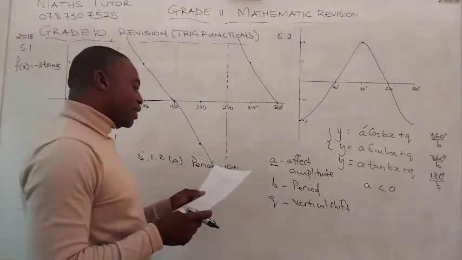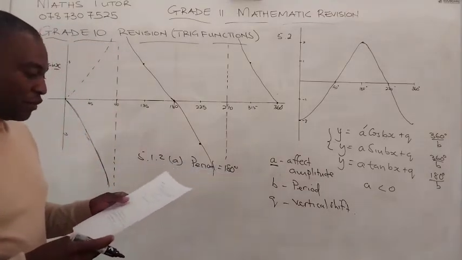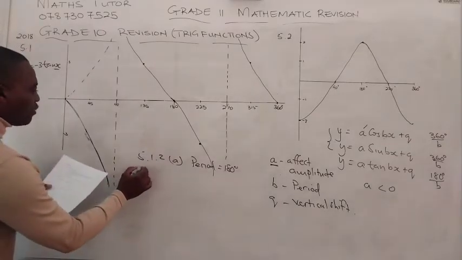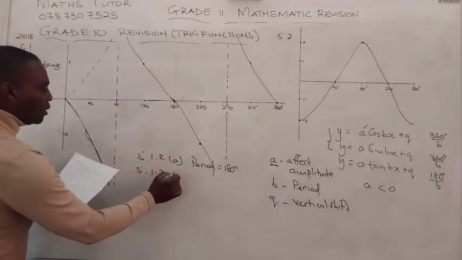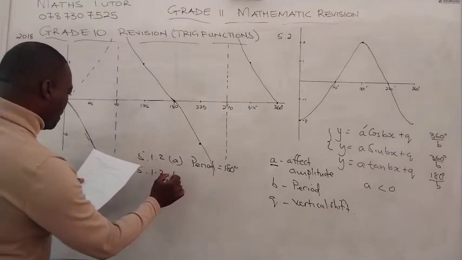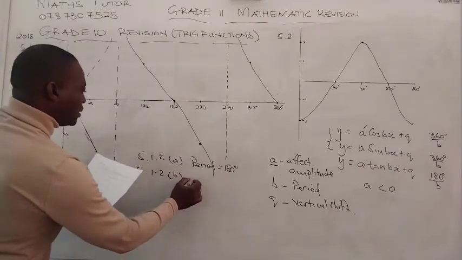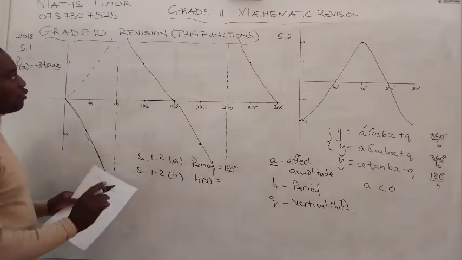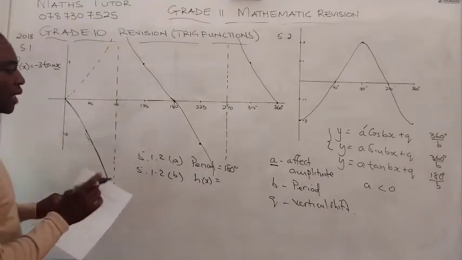Then 5.1.2b, the equation of h, the reflection of f about the x-axis. We know that h of x is a result of reflecting f of x along the x-axis.